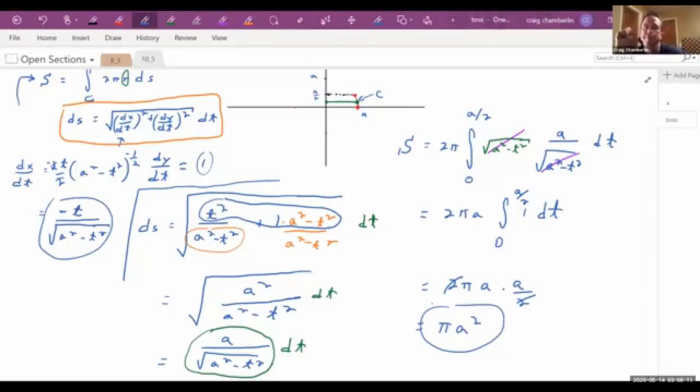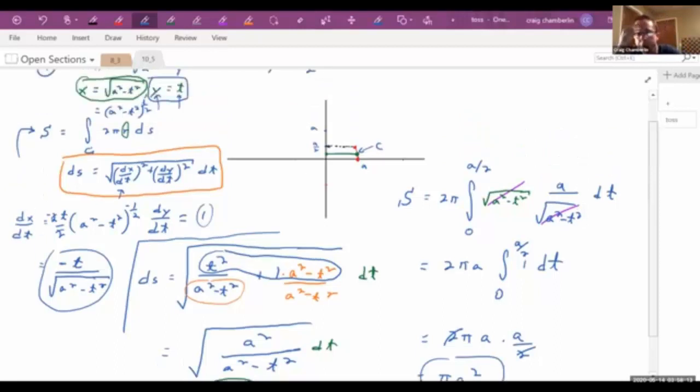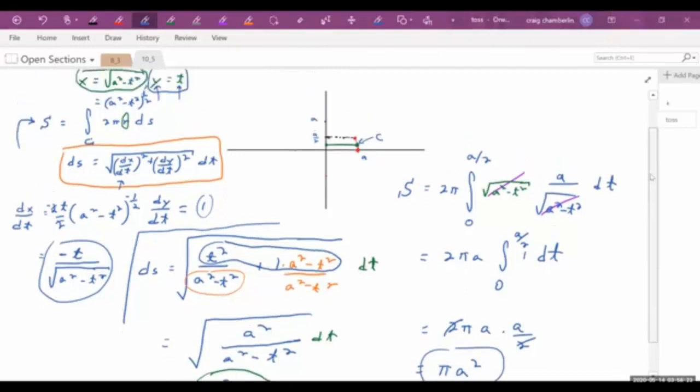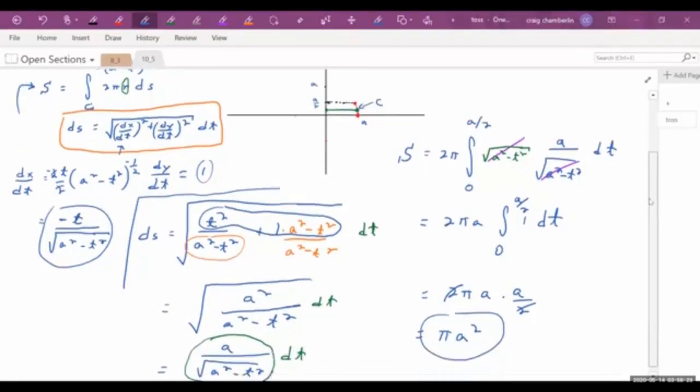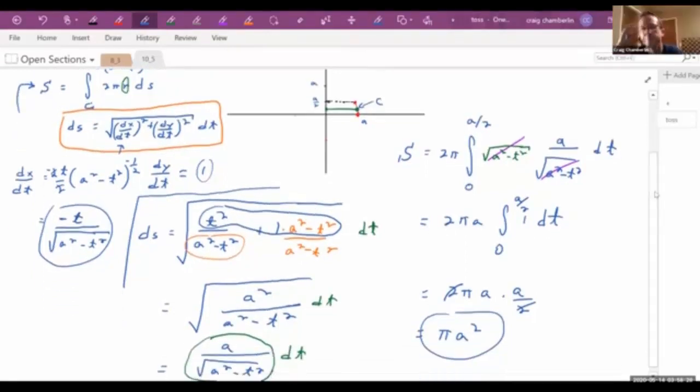Now, the interesting thing is, remember this curve, when you rotate it, becomes part of a sphere. Does anybody remember the surface area of a sphere? It's 4/3 pi r cubed, right? No, that's volume. That's volume. It doesn't come up as much, but it's 4 pi a squared for the surface area of a sphere.